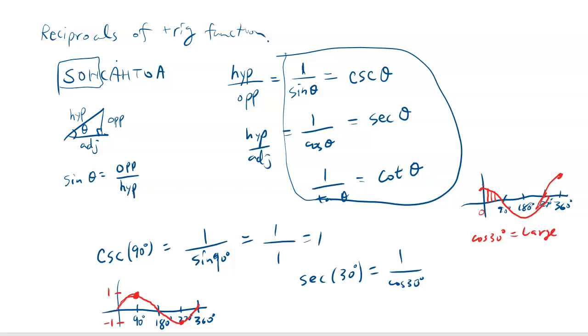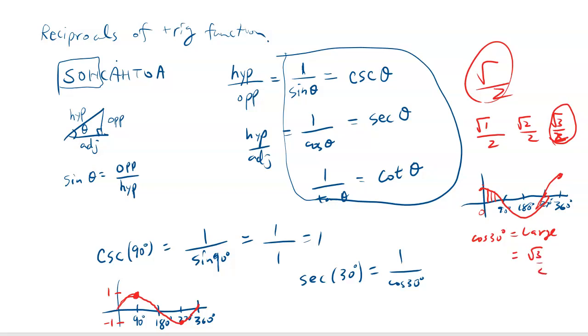And by small, medium, large, we were using the following nicknames for the values: 1 over 2, square root of 2 over 2, square root of 3 over 2. They all look like something over 2, right? So since this is the largest number of the three, this is what we call the large. So we know that cosine of 30 degrees is equal to square root of 3 over 2.